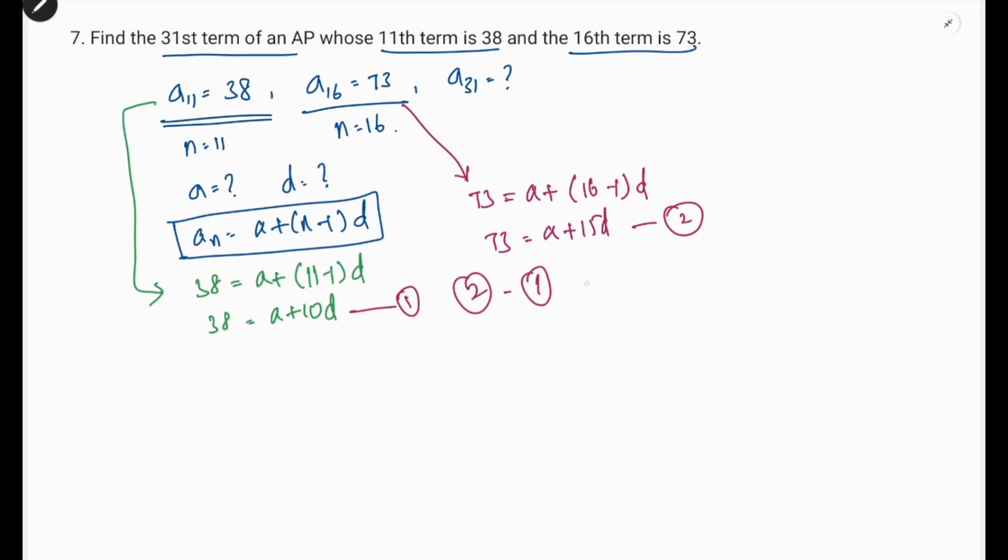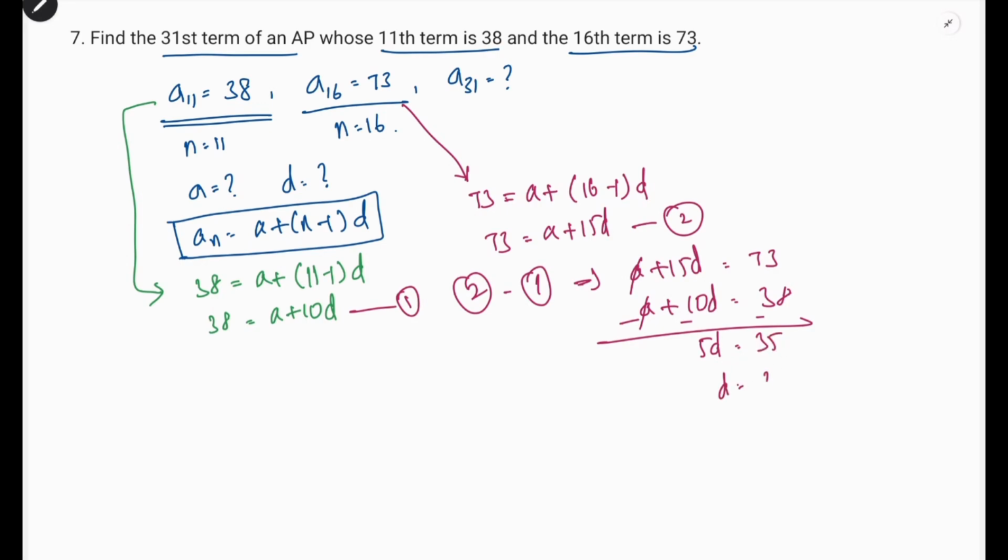Second equation minus first equation, we get a plus 15d is equal to 73 and a plus 10d is equal to 38. Okay, a minus a gets cancelled, and 15d minus 10d is 5d is equal to 73 minus 38, which is 35.